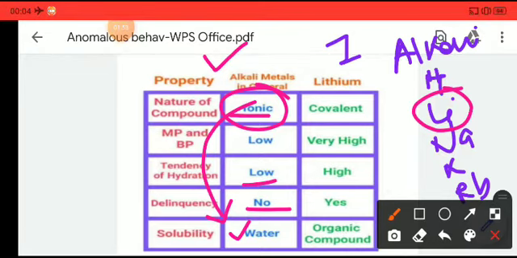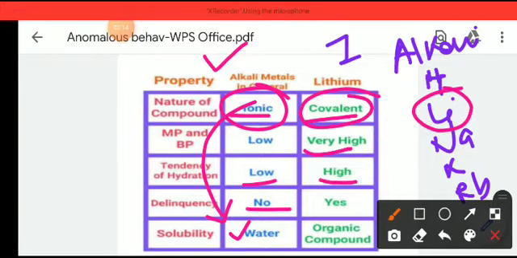But here is the twist. All of the alkali metals are ionic, but lithium is covalent. As we know, the covalent bond is weaker than the ionic bond, so the melting point and boiling point of lithium will be less, and the tendency of hydration is high. The covalent character, or polarizing power, is very much greater in lithium. As lithium is covalent, not ionic, it is not soluble in water.